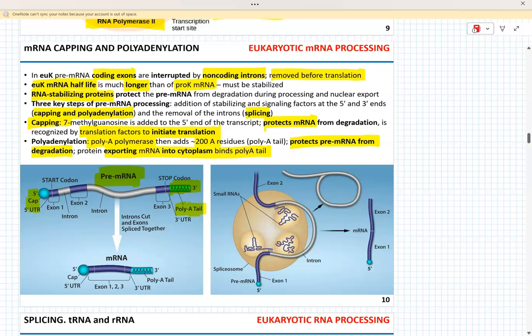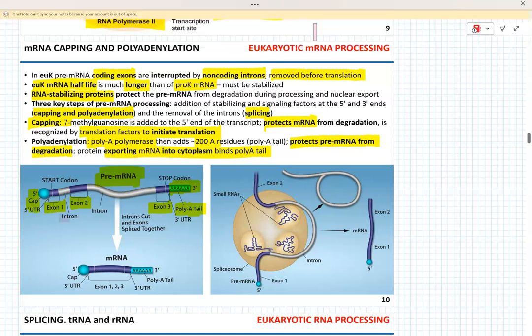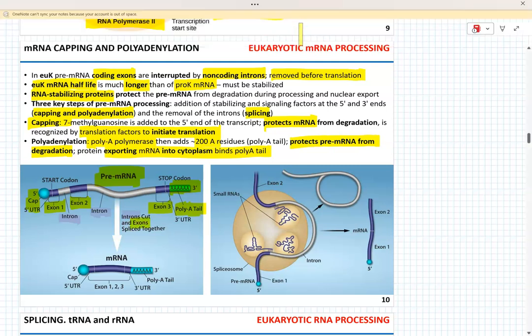So, what is splicing? If you look at the illustration on the left, you can see that there are three exons in the transcript, and there are two introns. During splicing, introns are cut and removed, and exons are spliced together.